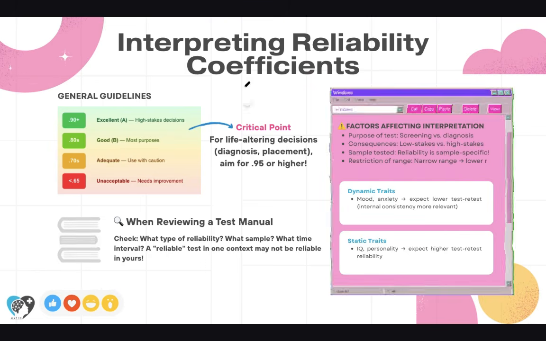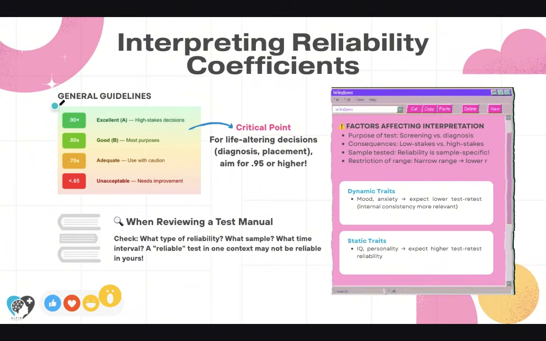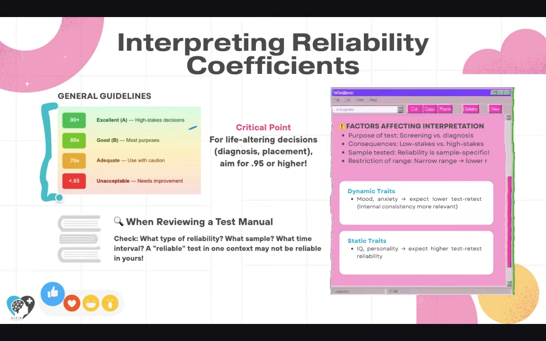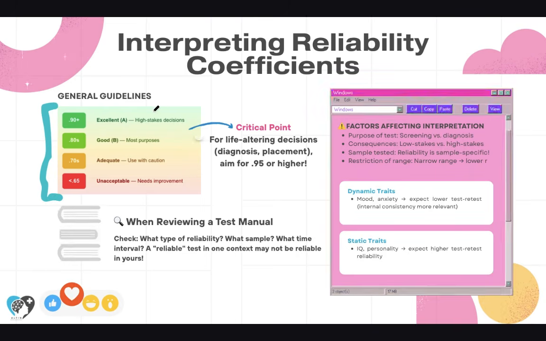Now, when you're evaluating a test, when can you say it has good reliability? So we have here a rough guide. Okay, this one here. And then for 0.90 and above, we need this for high stakes decisions.